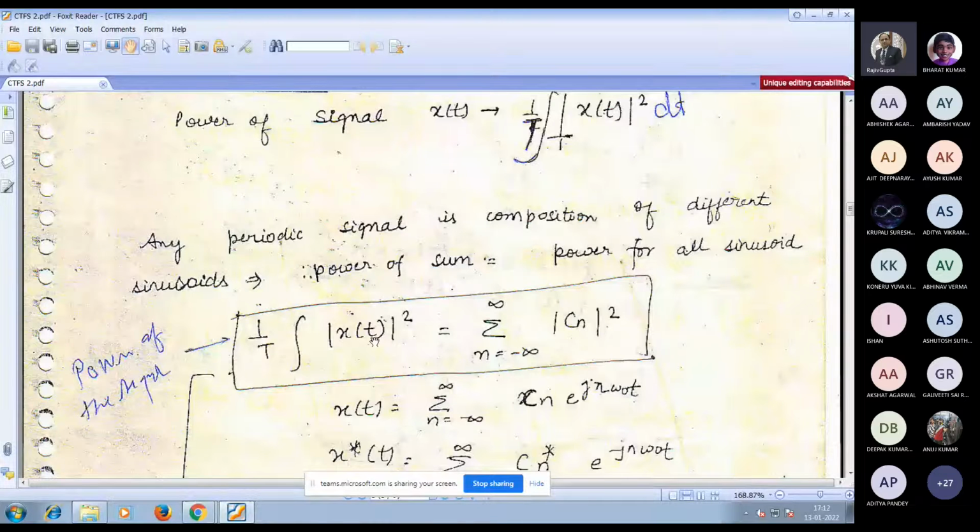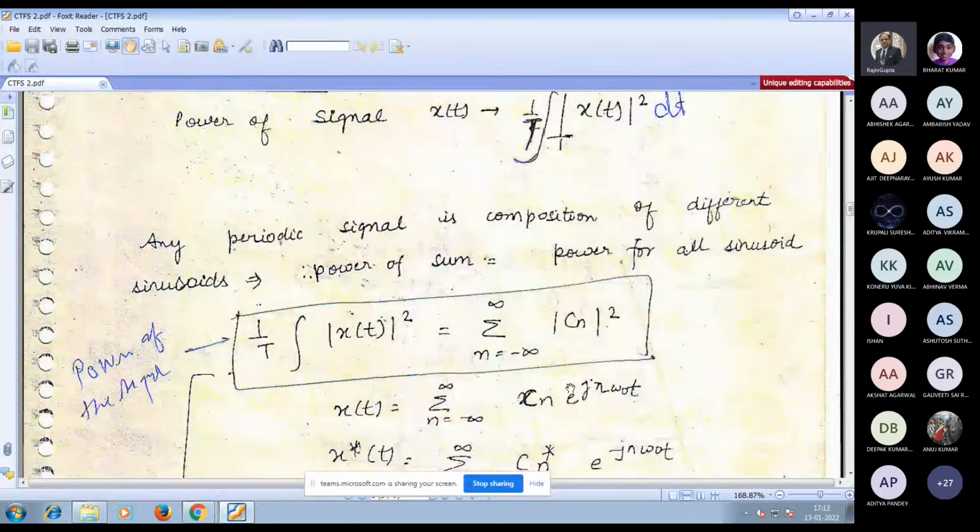So this equation gives you the idea that the overall power of a periodic signal can be found in the time domain by means of 1 by T integration of mod of xt square, or otherwise, if you have the Fourier series coefficients of a particular periodic signal, even then you will be able to know the power of the signal by using this mathematical expression.